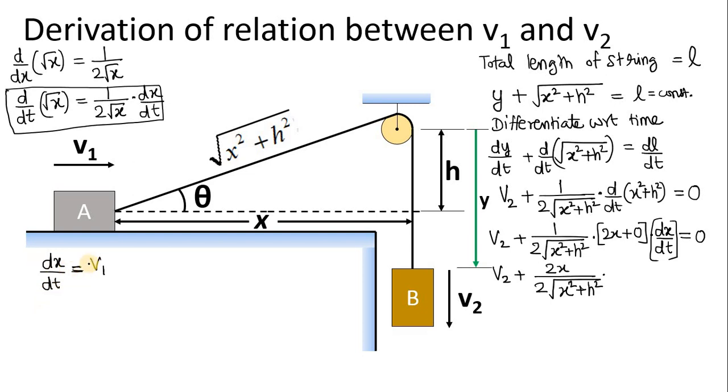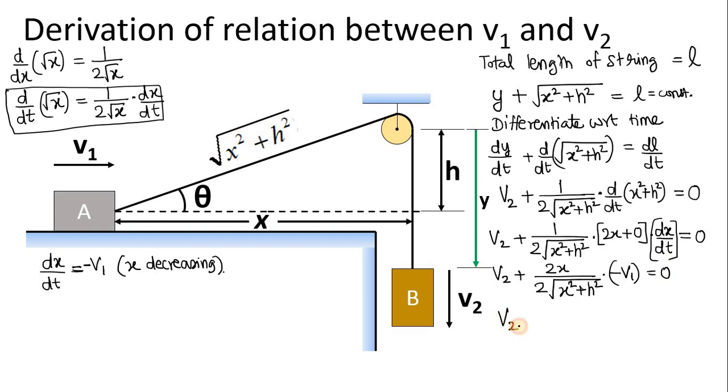However, because x is going to decrease, a minus sign will come for the definition of velocity. Because x is decreasing, dx by dt should be a negative value, minus v1. Substitute here, we will get v2 minus v1 is equal to 0.